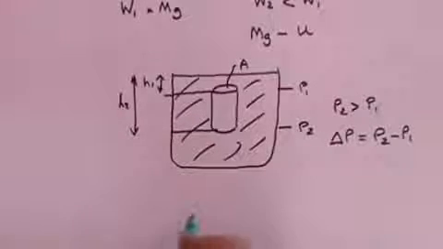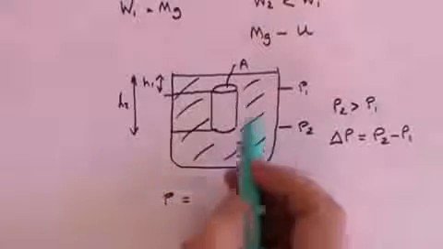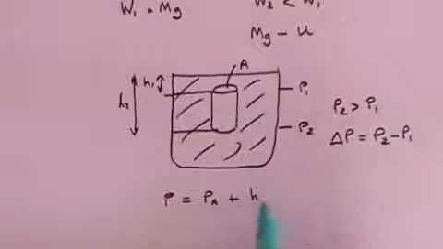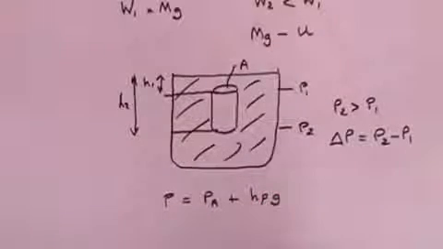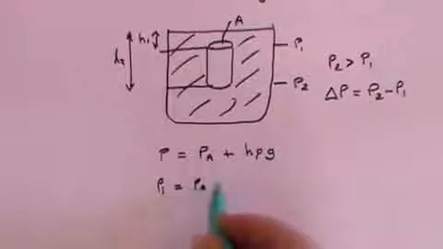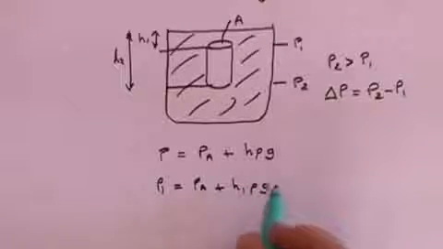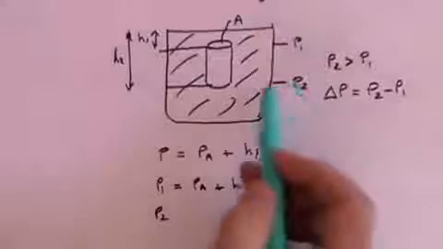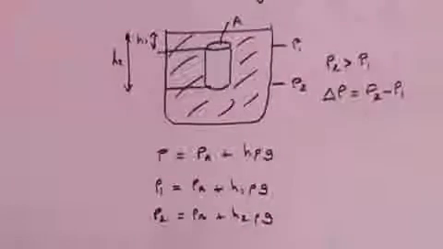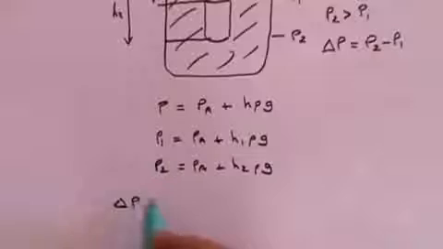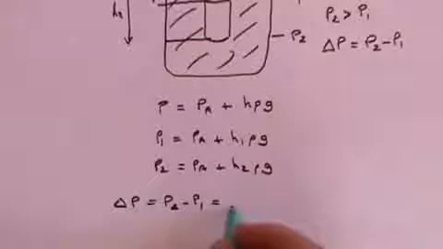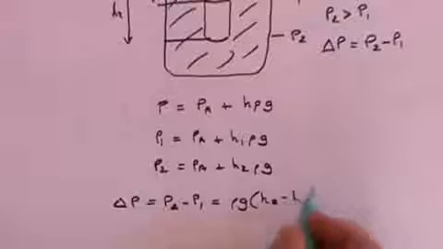Now earlier we showed that the pressure at any point in a fluid, at any depth, is equal to the atmospheric pressure plus the height, or the depth, times the density times G. And using that we can say that the pressure at P1 is going to be the atmospheric pressure plus H1 times rho G, and the pressure at P2, that's here, is going to be the atmospheric pressure plus H2 rho G. And the difference in pressure, delta P, which of course we defined as P2 minus P1 up here, is going to be equal to rho G into H2 minus H1.